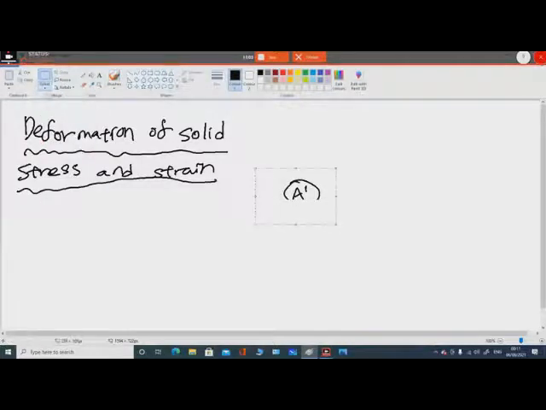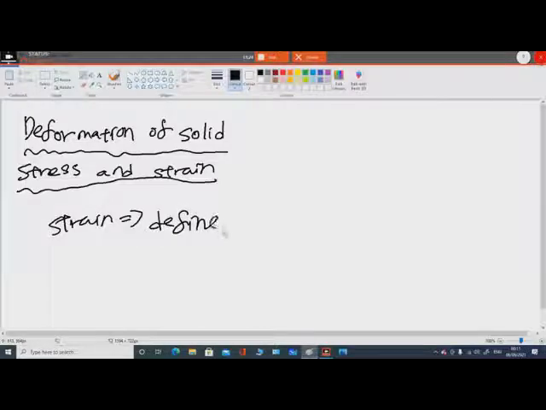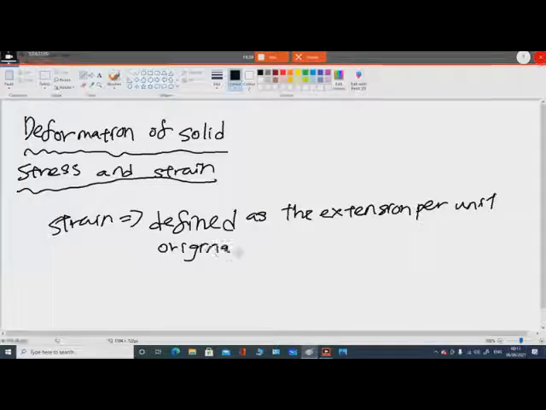So this one as well. Okay, so let's talk about strain. Strain is actually describing the length of the wire after the force is applied to the wire. Strain is defined as the extension per unit original length.